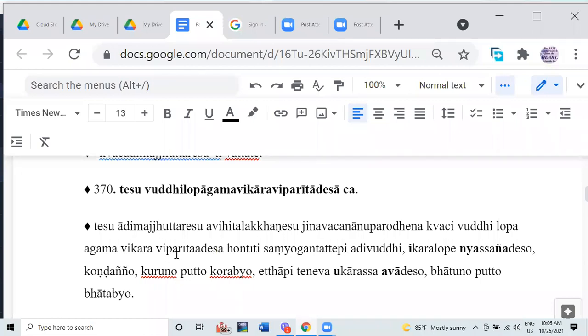Desu Adi Majo Tresu: at the beginning, in the middle, at the end of the suttas, not yet arranged. In accordance with the Buddha's teachings, sometimes there is strengthening, etc., up to Arisa. Okay.